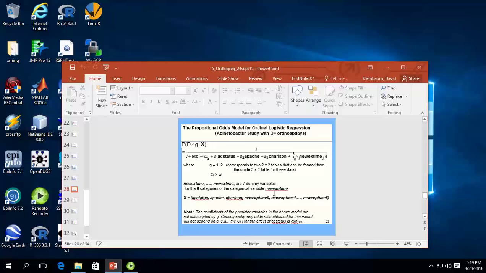As long as it doesn't matter what way you break it up, you're getting a single overall odds ratio that says something about the overall effect of the exposure. You're not saying the odds for one group compared to a reference group and the odds for another group. You're not getting that. You're getting just one number.